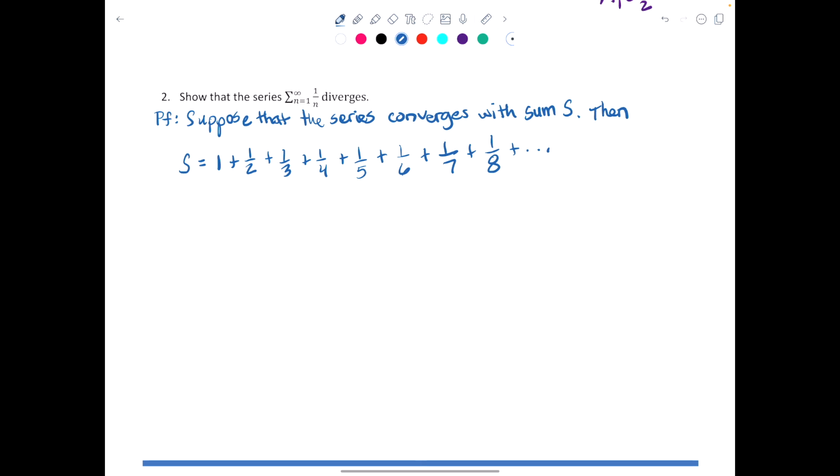Plus 1/7, plus 1/8, plus ... And what'll happen here is that let's look at what we have there. And now what we're going to do is we're going to group. So if we group two terms at a time. So I'm not changing anything, just grouping them.